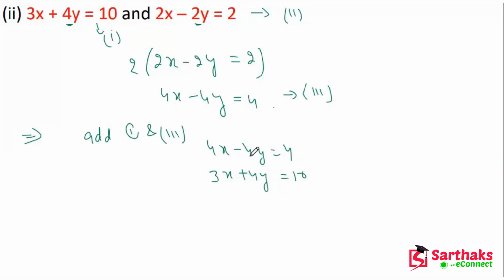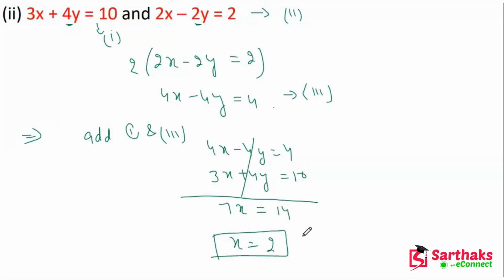If we add them, then we easily get the solution. The 4y cancels and it becomes 7x equals 14. Then we have the value of x is 2. Now we have to find the value of y. So put the value of x.